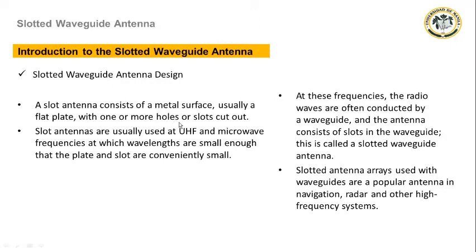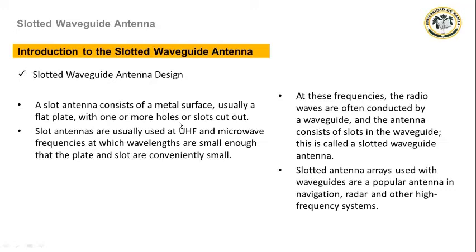Slotted antenna arrays used with waveguides are popular antennas in navigation, radar, and other high frequency systems. They are simple to fabricate, have low loss or high antenna efficiency, and radiate linear polarization with low cross polarization.